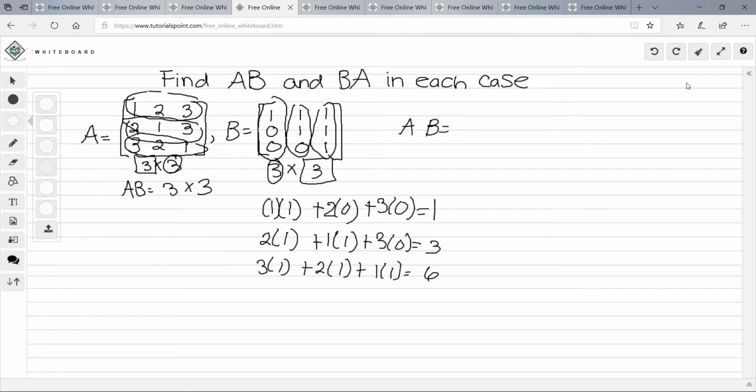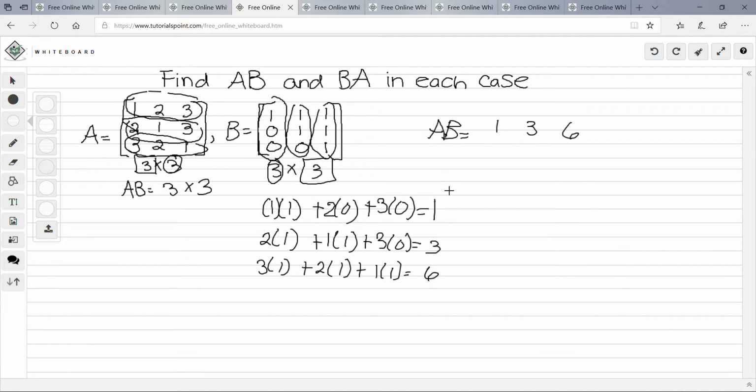Hold on, let me just move this. So remember our matrix, I have to put it, AB is going to be 1, 3, 6, right?